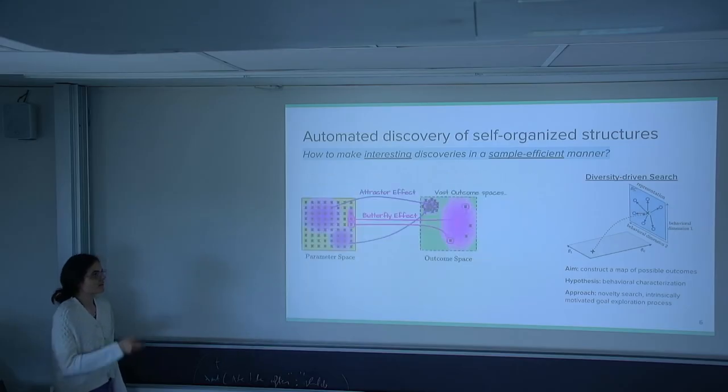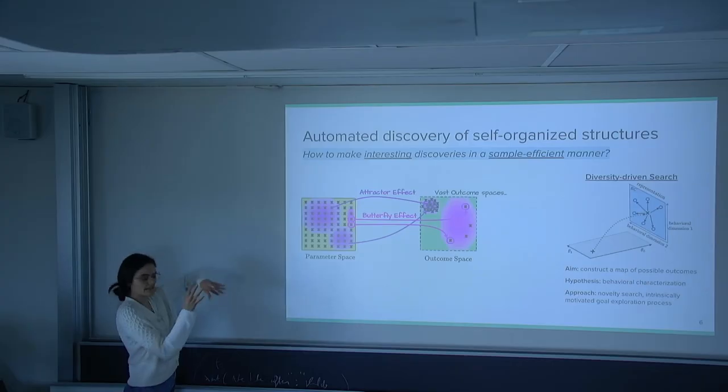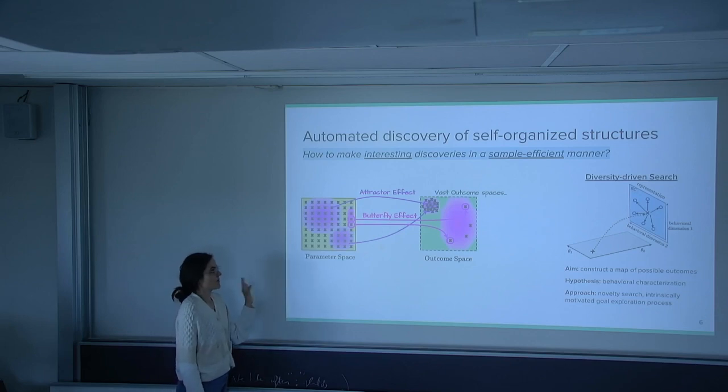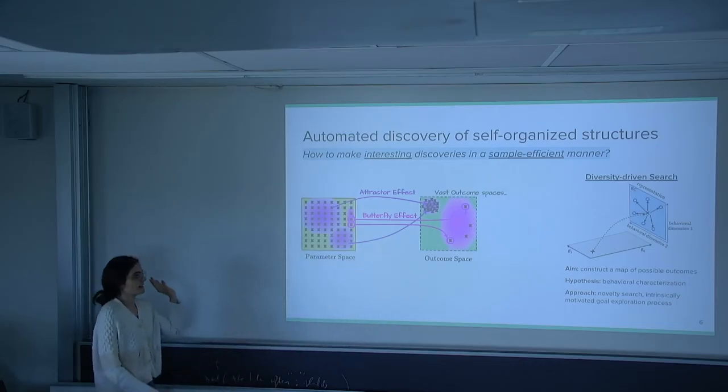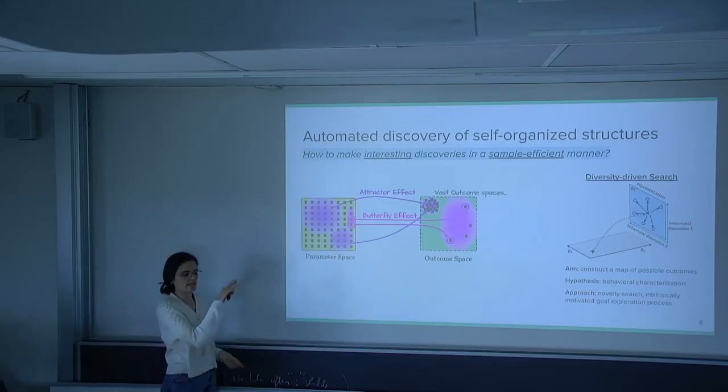And so the reason why diversity search methods are interesting here is that they can help us, as I said, cover this behavior space much more efficiently than you would with a more naive strategy where you only explore the parameter space, because the systems that we consider here are obviously highly nonlinear, chaotic, so you have this strong attractor or butterfly effect.